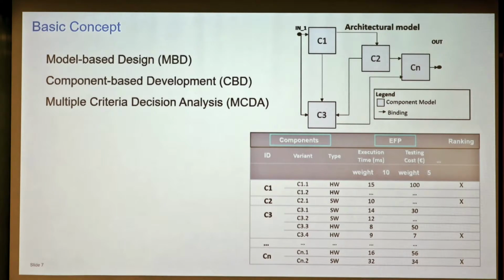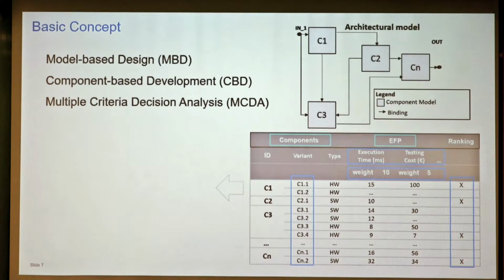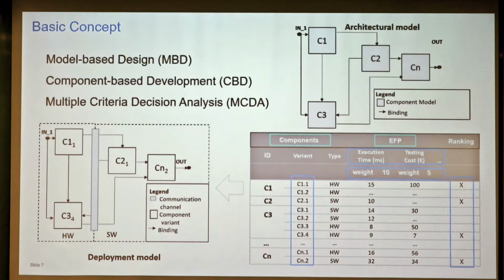So in our case, given the number of possible hardware and software component variants, and considering many extra functional properties, this method allows us to prioritize these decision criteria, which correspond to the extra functional properties, in order to rank which is the best component that trades off all of the requirements that our application has to satisfy to meet the application goal, the development goal. And thus, the outcome will be our solution to be deployed onto the heterogeneous platform.